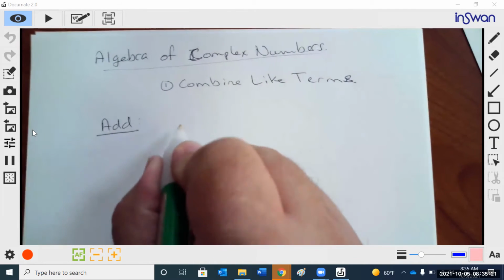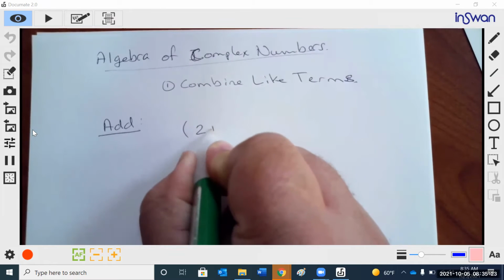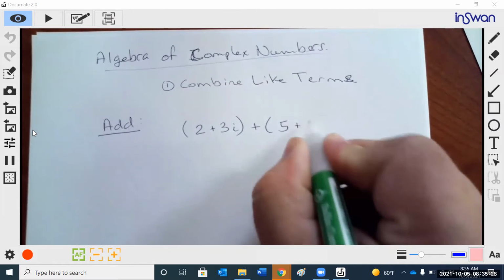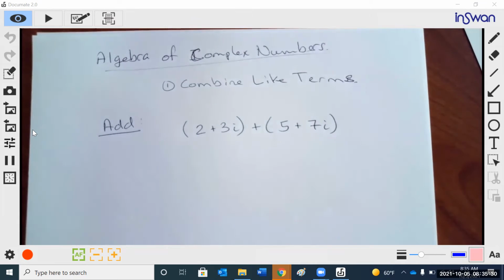So let's look at addition. We have 2 plus 3i in parentheses plus 5 plus 7i in parentheses. Order of operations still applies. What's the first thing you have to do? Inside the parentheses. Can we combine anything inside the parentheses? No. So if we can't do anything inside the parentheses, can we get rid of the parentheses?